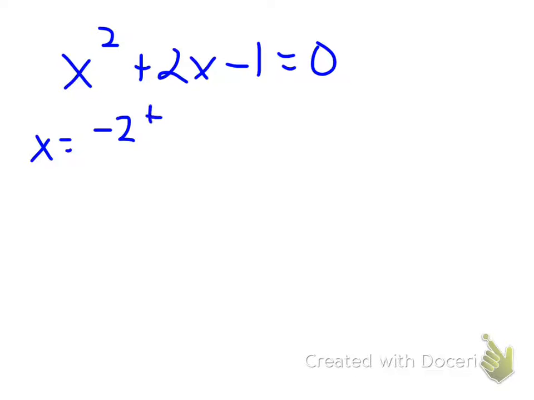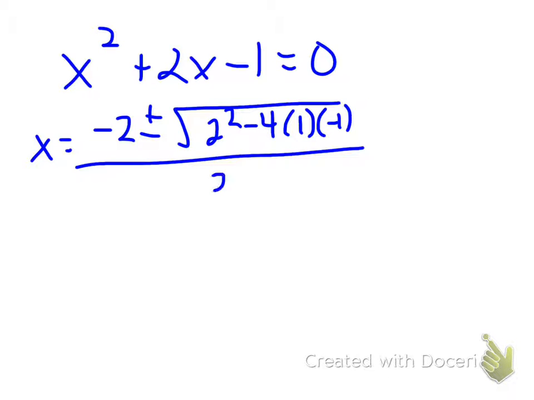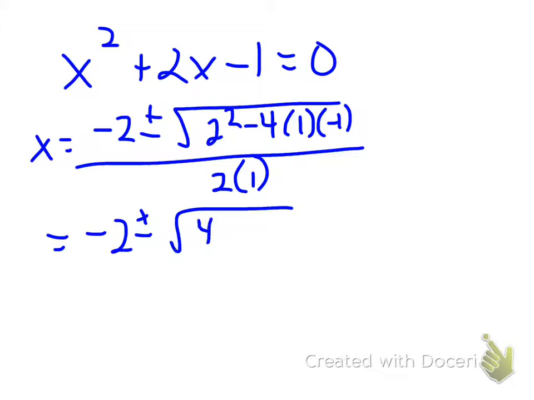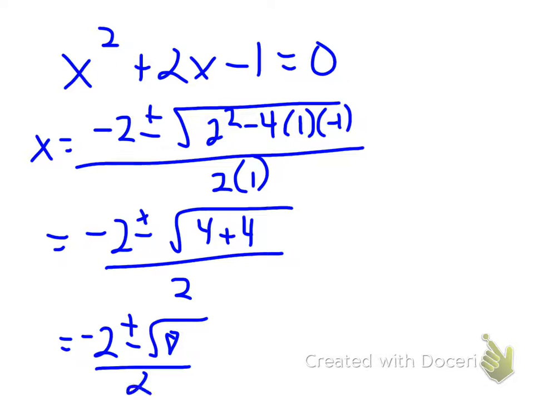So negative 2 plus or minus the square root of 2 squared minus 4 times 1 times negative 1 all over 2 times 1. So I have a negative 2 plus or minus square root of 4 plus 4 all over 2, which is negative 2 plus or minus the square root of 8 over 2. Square root of 8, I need to simplify that radical.